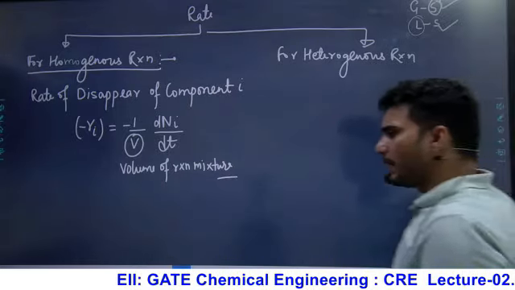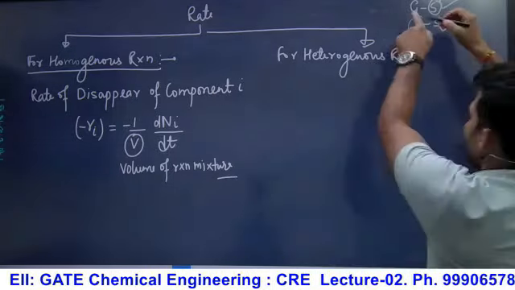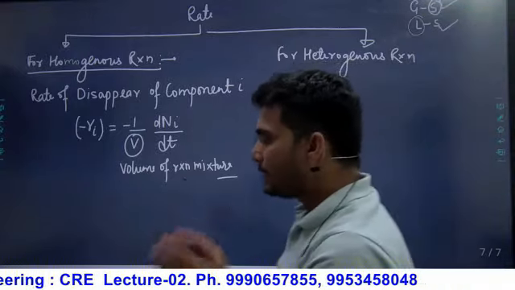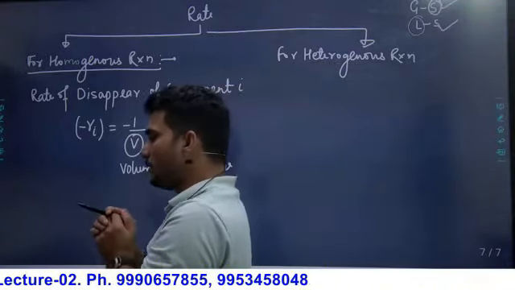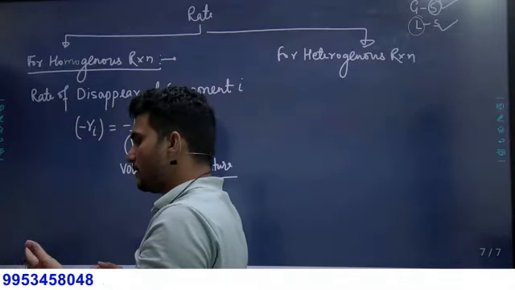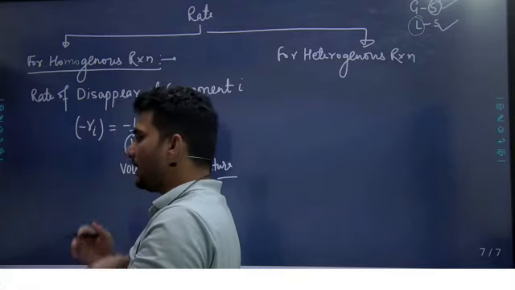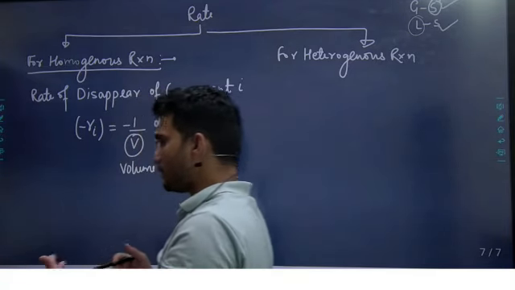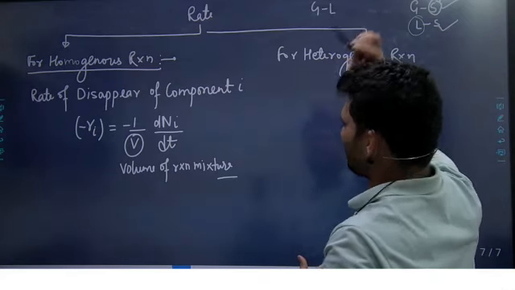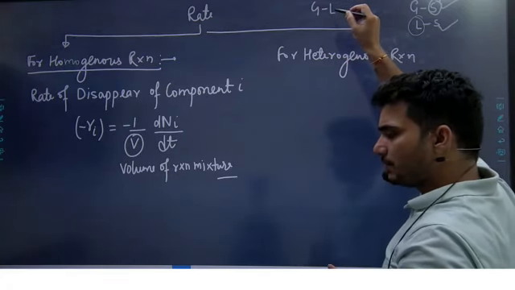We can define the rate, that is the fluid-solid system, based on mass of solid. We can define the rate based on volume of solid. Suppose the reaction taking place is a gas-liquid heterogeneous reaction, more than one phase.